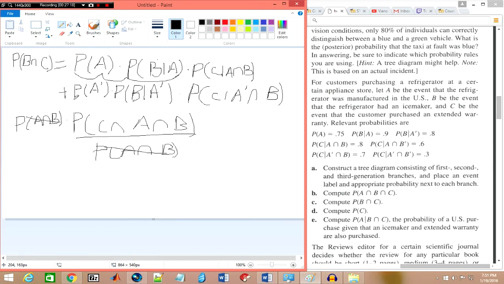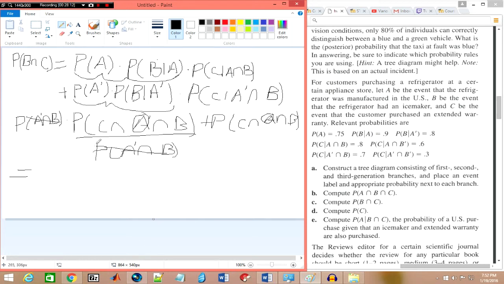If you do the math, this will also become the probability of C intersect A complement intersect B. If you add them together, you got A happening and A not happening, which means it doesn't matter whether A happens or not.